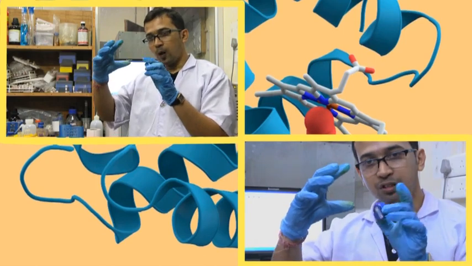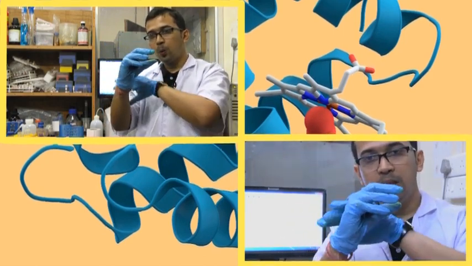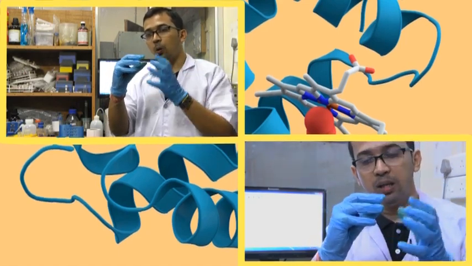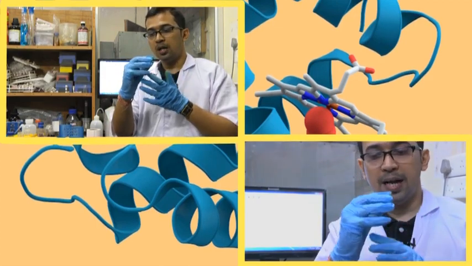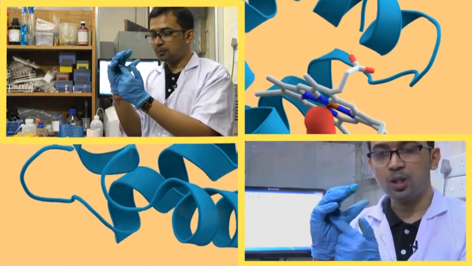Once it is coming here and attaching in this way, you can only see my hand. So the incident light is only seeing the protein molecule. It is no longer seeing the gallic acid, or it is seeing it, but at a much lower extent.